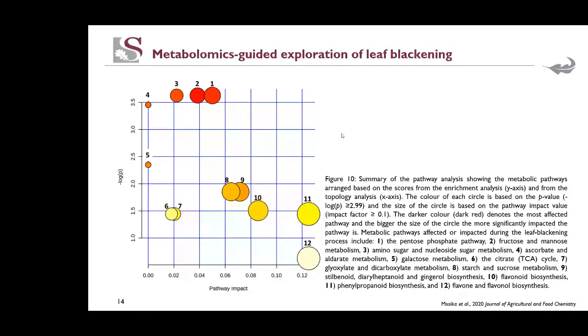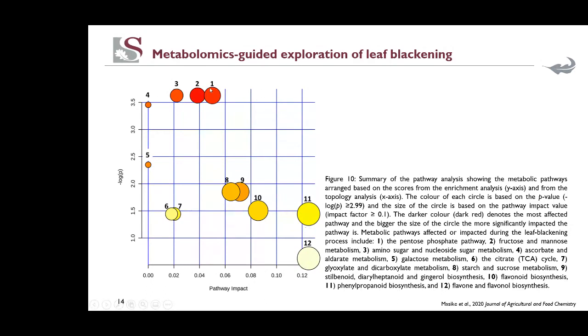On the y-axis, we see the pathway enrichment analysis. On the x-axis, it's the pathway topology analysis. So a minus log p value greater than 2.9, which is like 3, represents pathways that are affected, and an impact value greater than 0.1, which is these 11 and 12, represents pathways that are impacted.